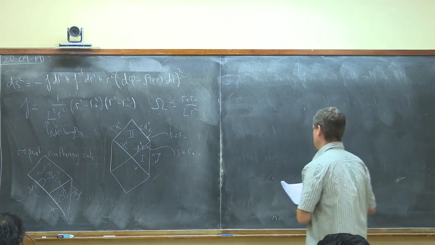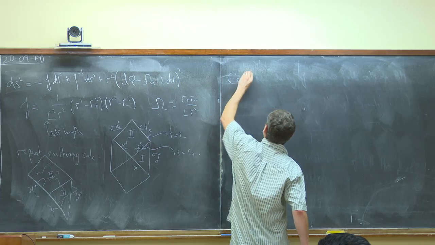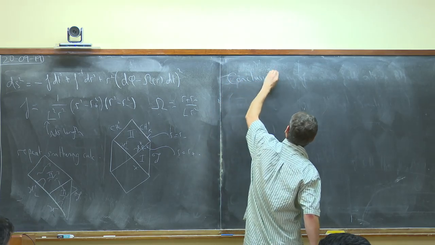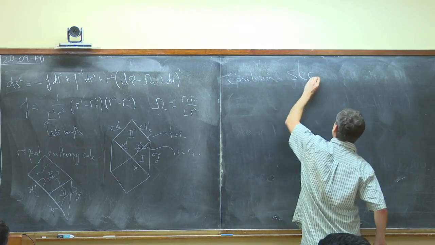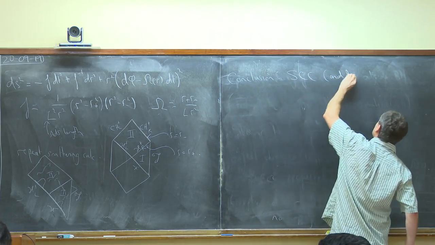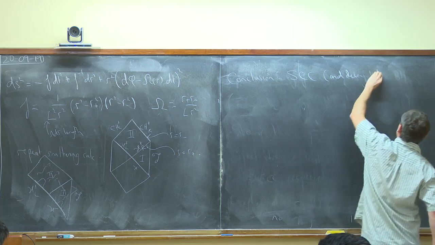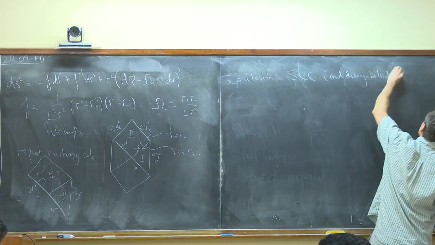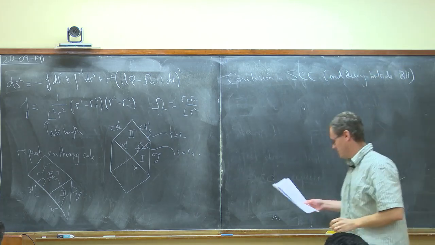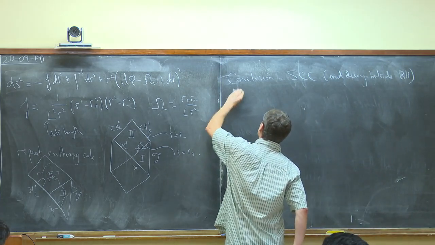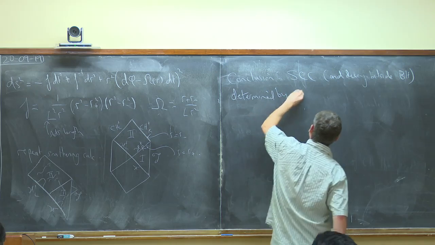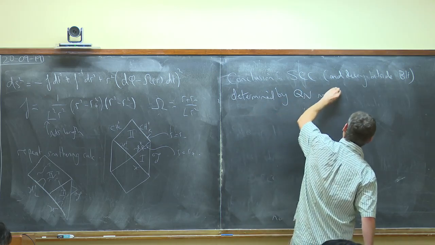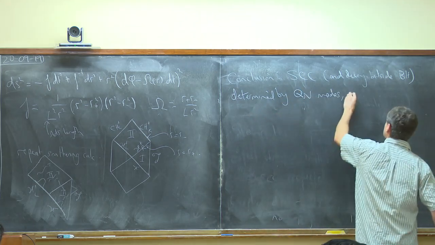And what's the conclusion? Well, you repeat the calculation and you discover that strong cosmic censorship, and the decay outside the hole, is determined by quasi-normal modes, just as in de Sitter.